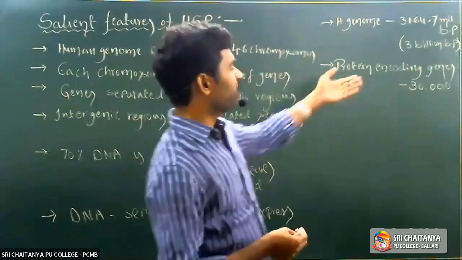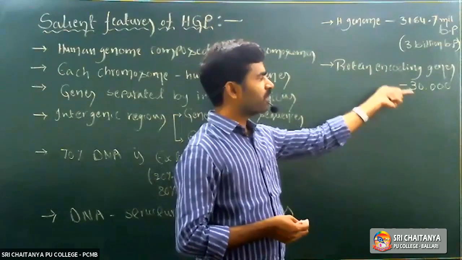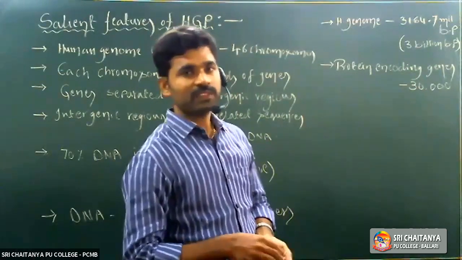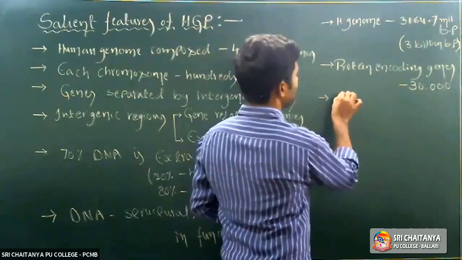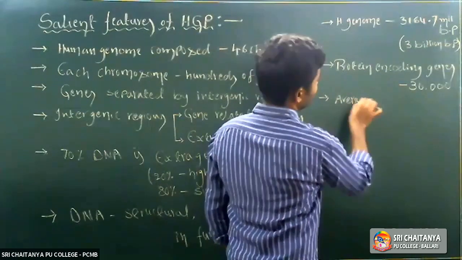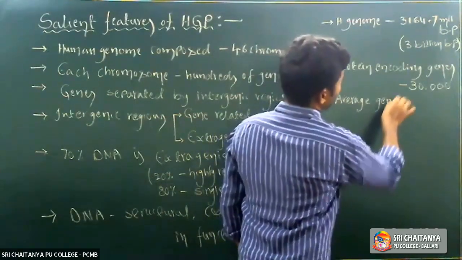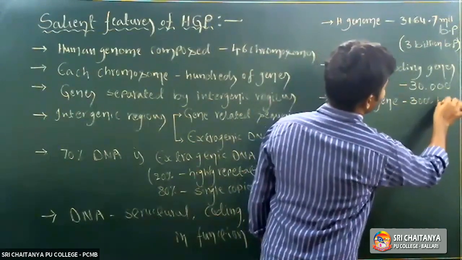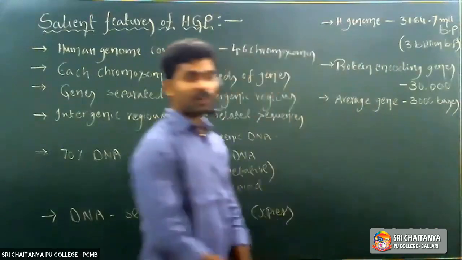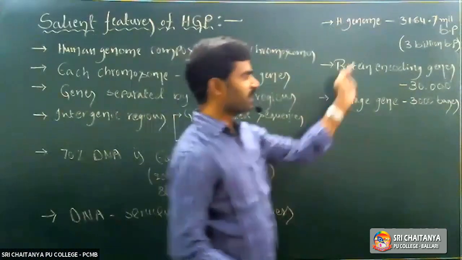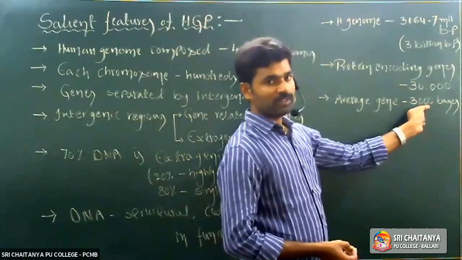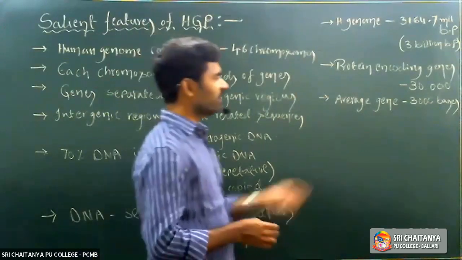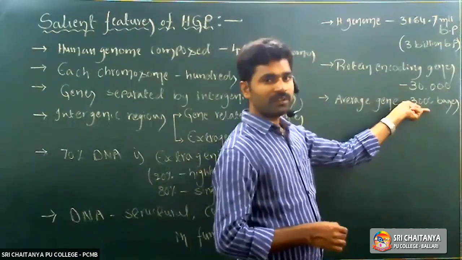So how many protein encoding genes are estimated in the human genome? 30,000 genes. And the average gene contains 3,000 bases. Not base pairs, 3,000 bases. The average gene consists of 3,000 bases.